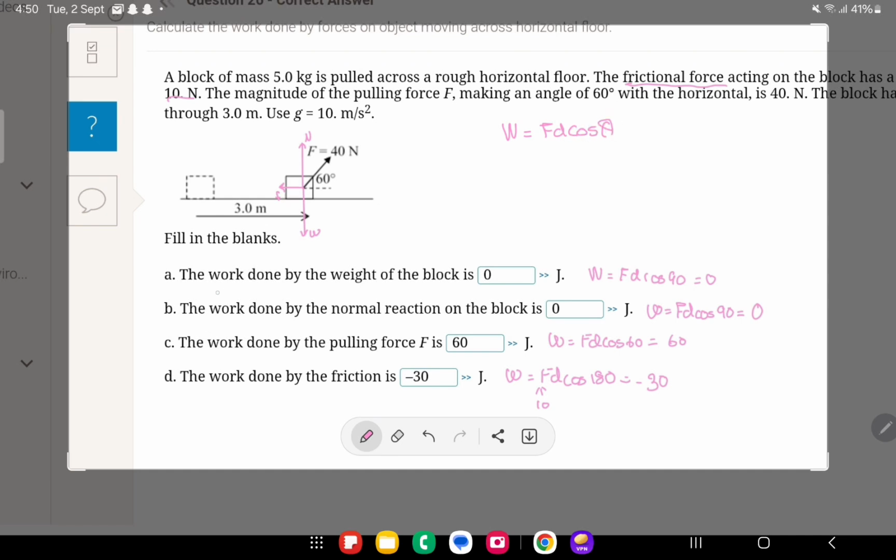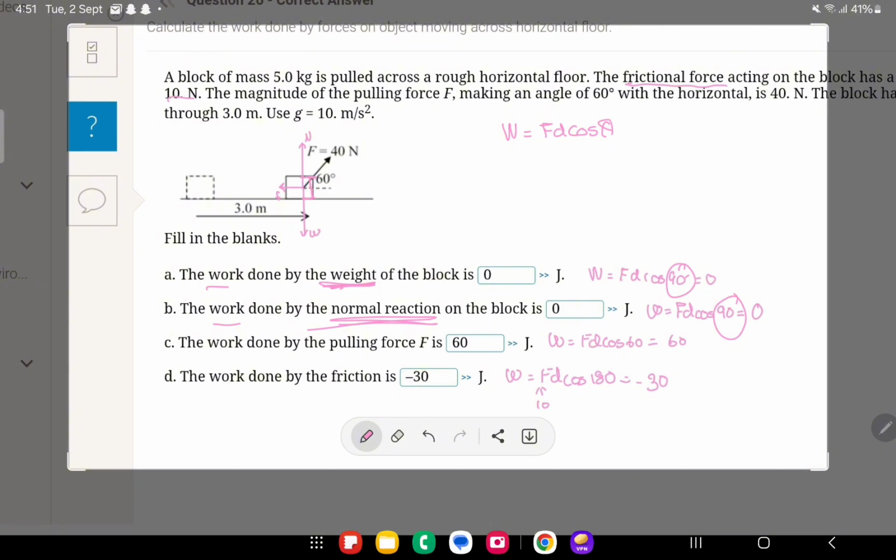When they tell you the work done by the weight, the angle is always 90, because it's like this, right? And when they tell you the work done by the normal reaction, the normal reaction and weight are equal to each other basically. So obviously again 90, it's the same thing.